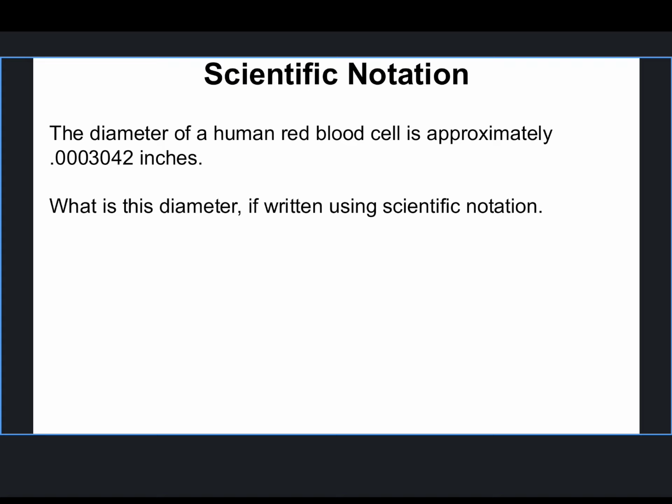So we want to write this in scientific notation. How many places do we need to move this decimal? 1, 2, 3, 4. Why do I only have to move it 4? Because it needs to be to the right of the first digit. That guarantees that our first digit will be between 1 and 10. So we'll have 3.042 times 10 to what power?